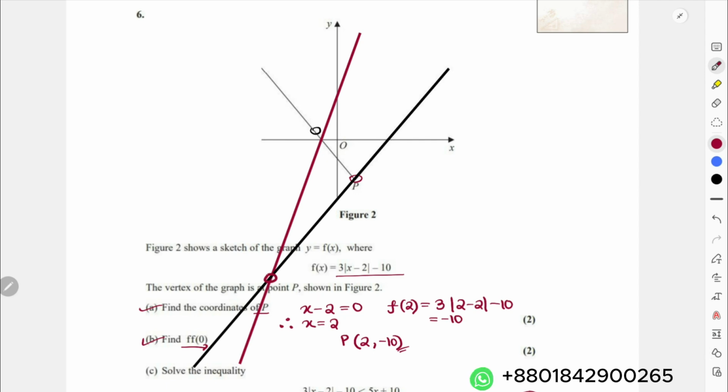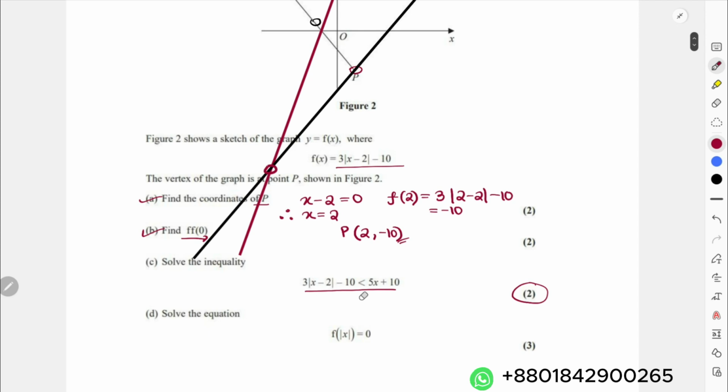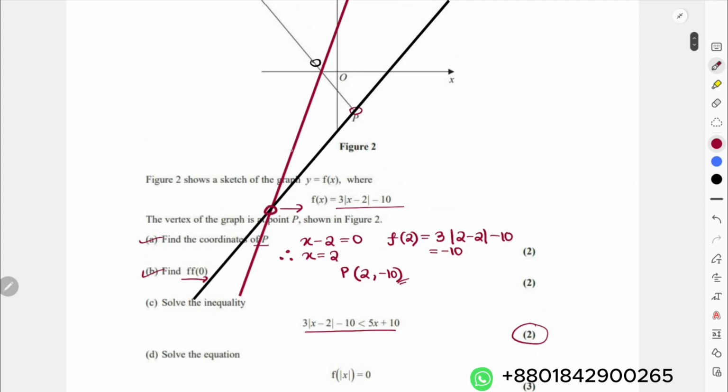Now you have to understand that we're only using this intersection when this modulus or absolute value function is less than this straight line, right? What you can see is that as we were referring to x greater than negative 13, this is your straight line, y equals 5x plus 10, and this is your absolute value function, 3|x minus 2| minus 10. So x greater than minus 13 is actually referring to the opposite case, for which the straight line is greater than the absolute function.